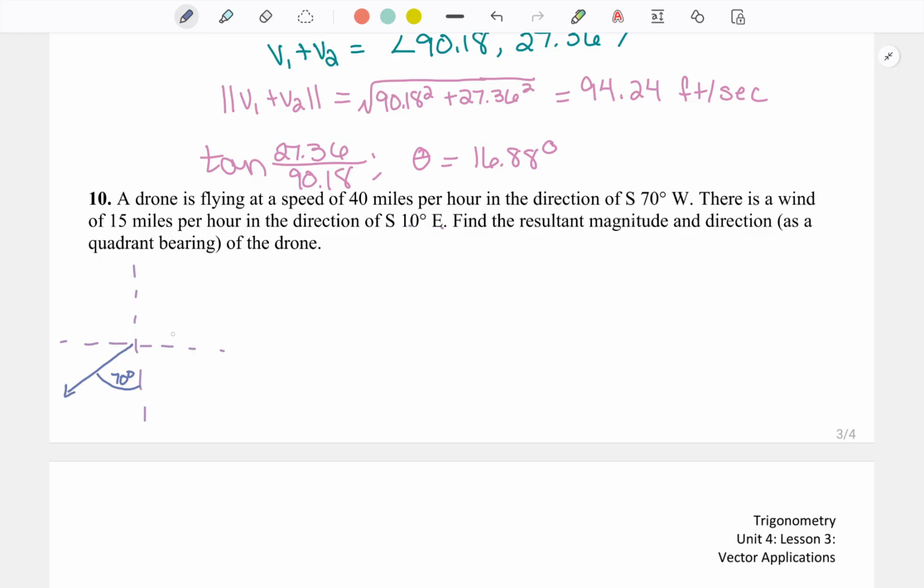And so going all the way around, we have 20 degrees left here, so 180 and 20 gives us 200 degrees for standard position. So for our drone vector, we have 40 miles per hour times the cosine of 200 degrees, and then 40 miles per hour times the sine of 200 degrees.